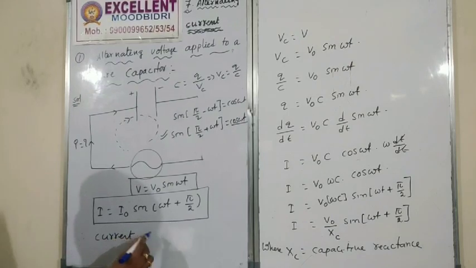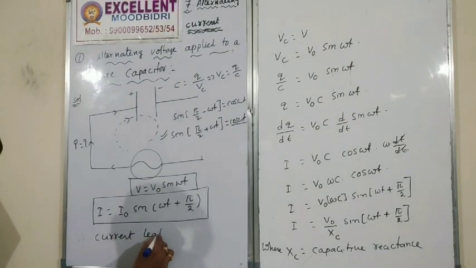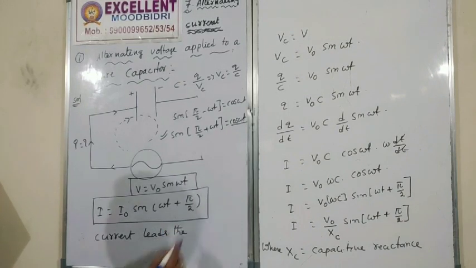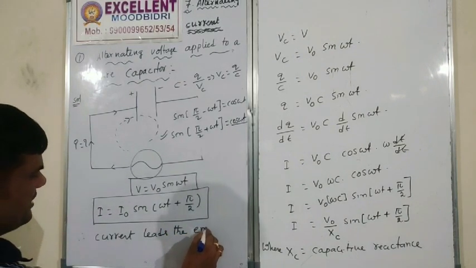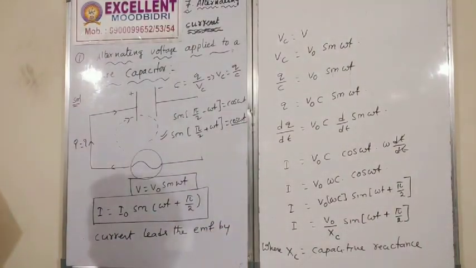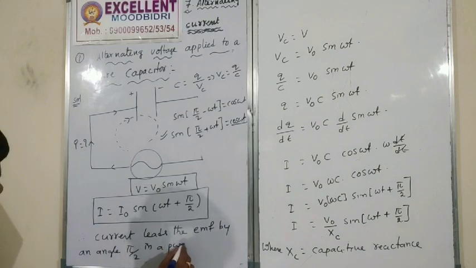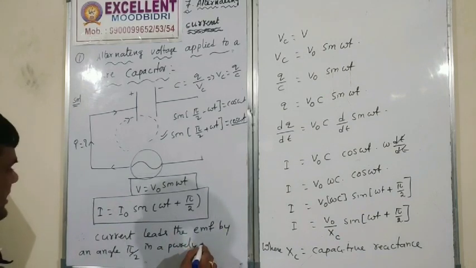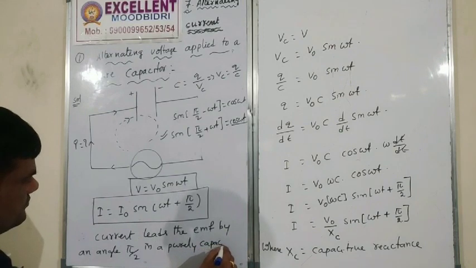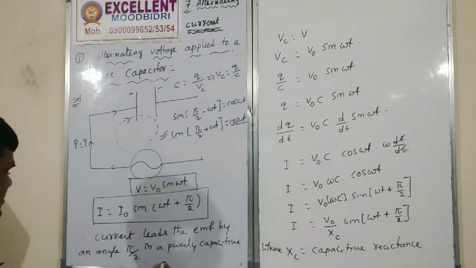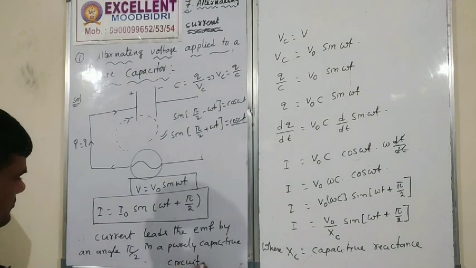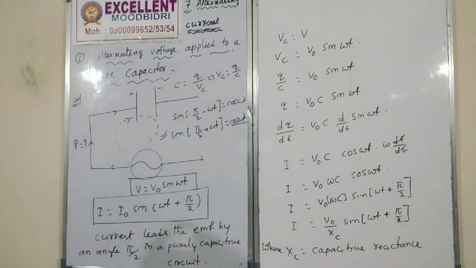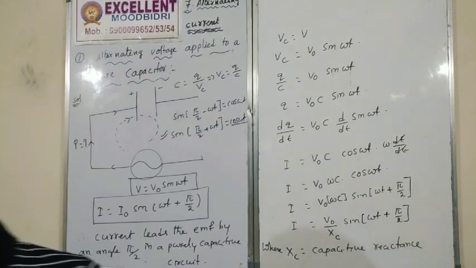Current leads the EMF by an angle pi by 2 in a purely capacitive circuit. Are you clear? So this is the capacitive circuit.